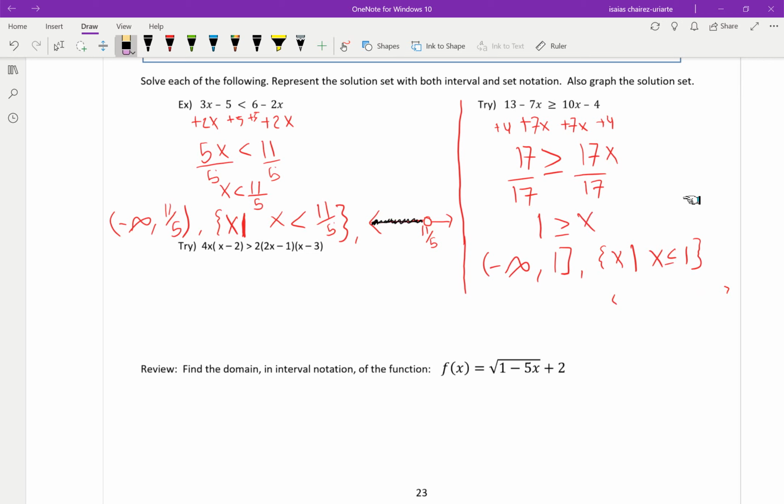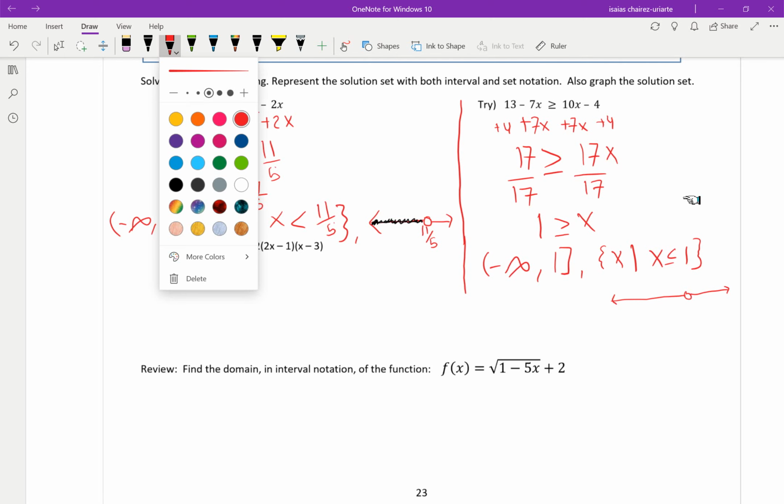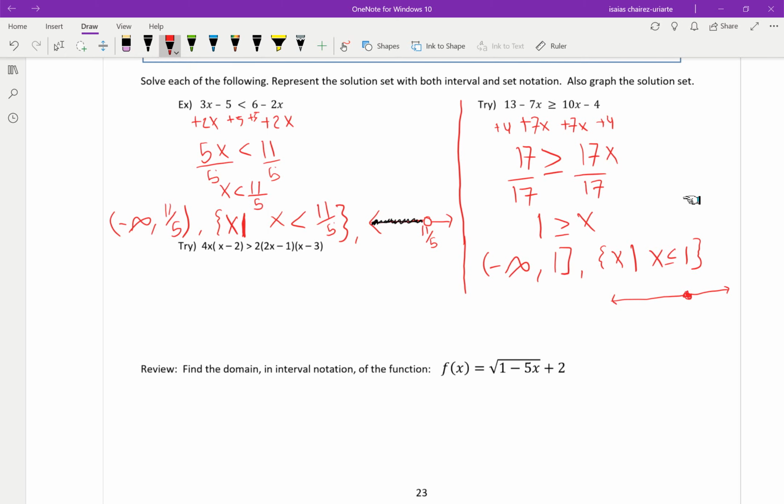Put a little circle right there. Oh, no, right now I do not need a circle. Actually, it's a solid dot. It's solid. And that's 1. And it's everything that is to the left of 1, including 1. That is my graphical representation of my solution.